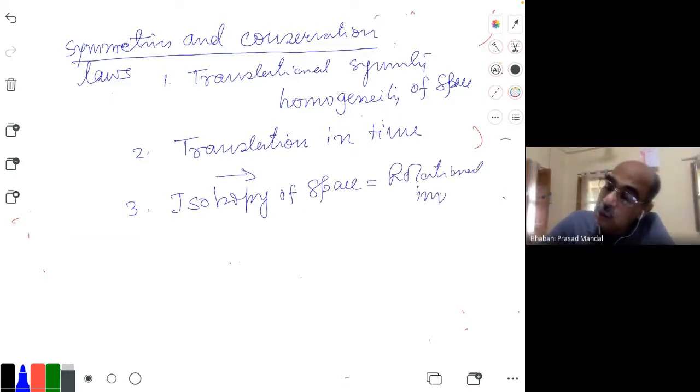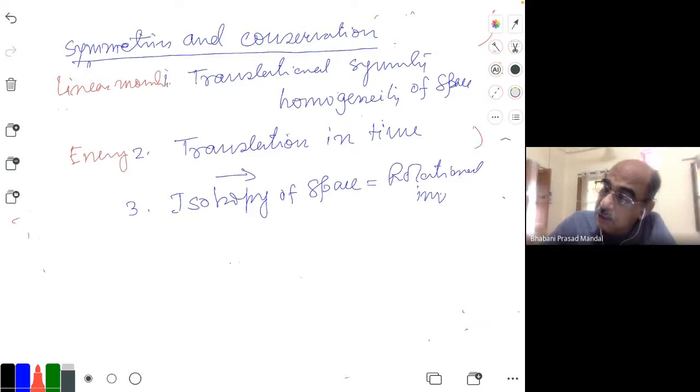We found in this case total linear momentum is conserved. Let me write with red. This is linear momentum. Here we find the total energy, and here we find the angular momentum.